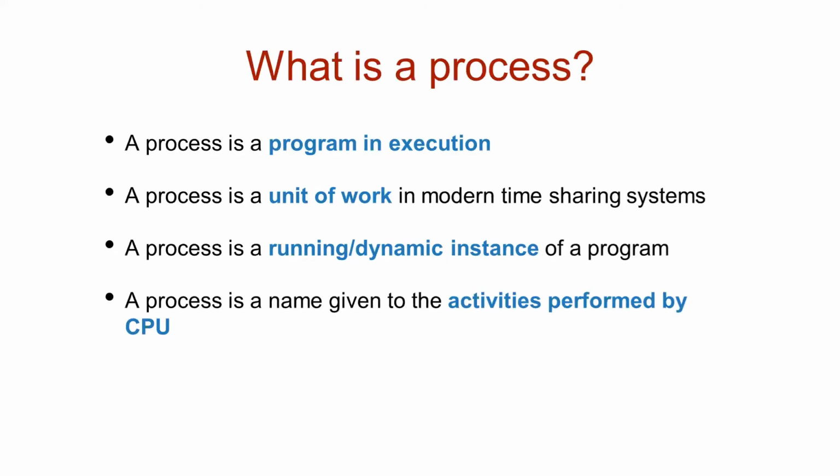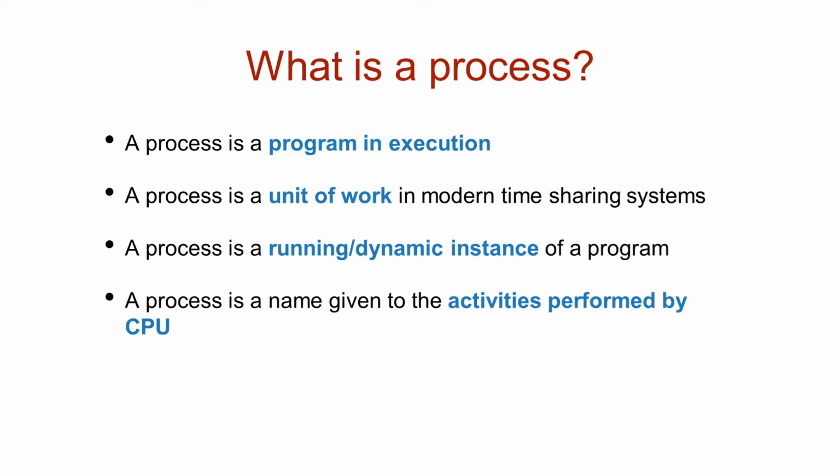What is a process? On the screen, you can see multiple definitions of process. A process is a program in execution. A process is a unit of work in modern time sharing systems. A process is a running or dynamic instance of a program.